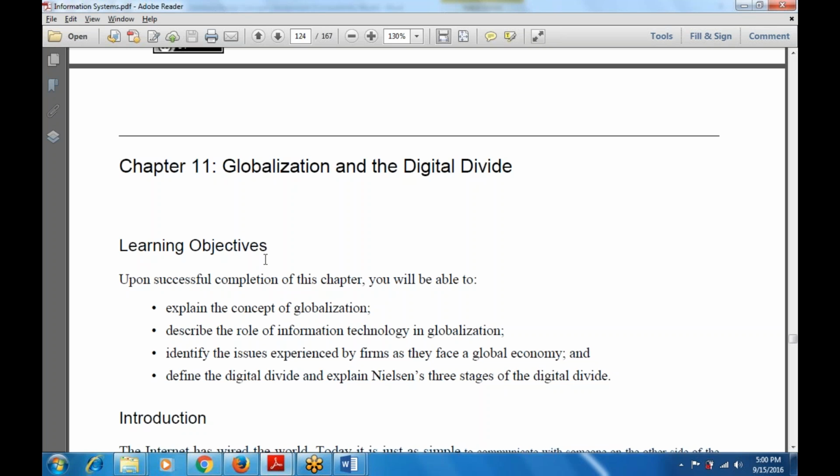So just read the chapter. If there are any doubts, bring them tomorrow. In the next class, we take chapter number 11, globalization and the digital divide.